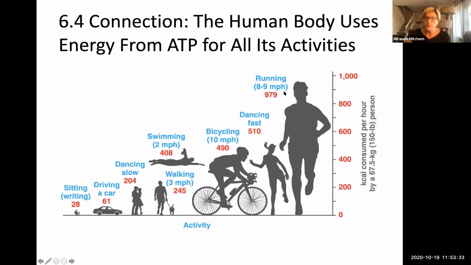But running is pretty high, dancing is high. I think it really depends what kind of dancer you are, because there's a lot of very aerobic dancing that can be done too. So a person that is more on this scale of the activity either needs to consume more calories to meet all those demands, or they will lose weight.